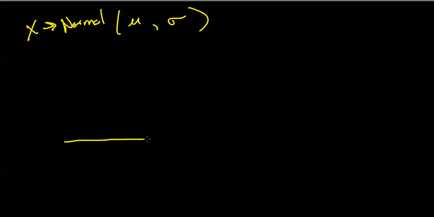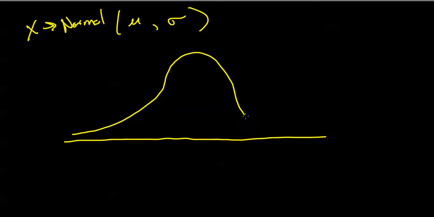And pictorially, we can illustrate it in this fashion. If x is a normal distribution, that means there's not too many high x values, there's not too many low x values. Most are within a neighborhood of the mean of mu.